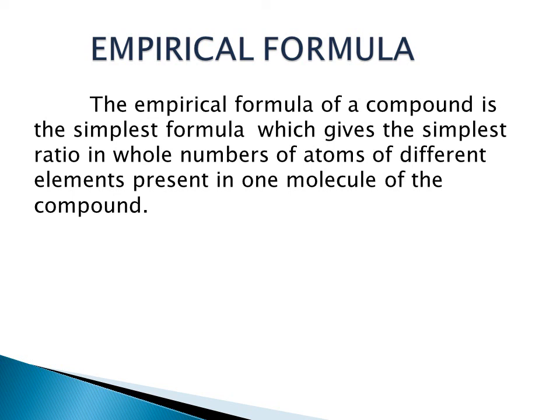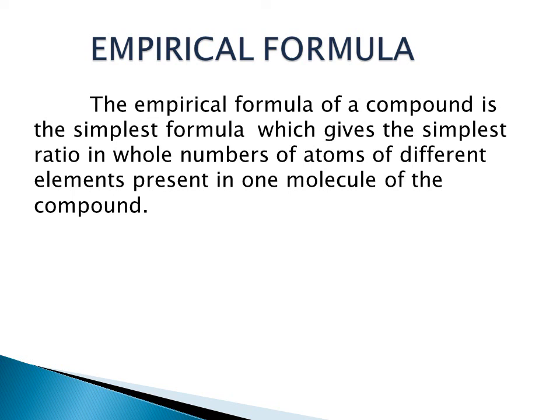It means that you will not get the correct number of atoms of each element. Instead, you will be getting the ratio in whole numbers of atoms of different elements. So, by looking at the empirical formula, you will not be able to say the correct number of atoms. But you can say the ratio of atoms of each element present in that compound.